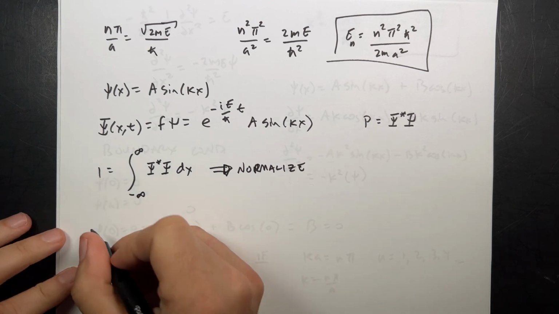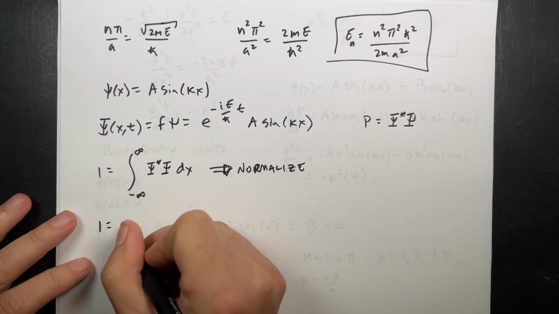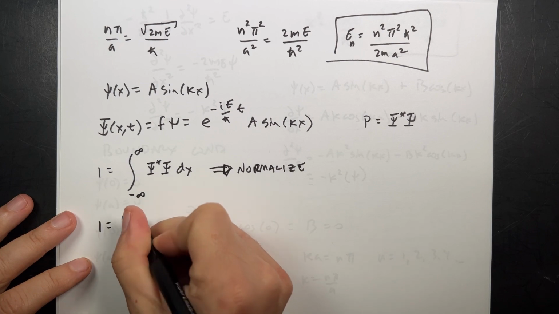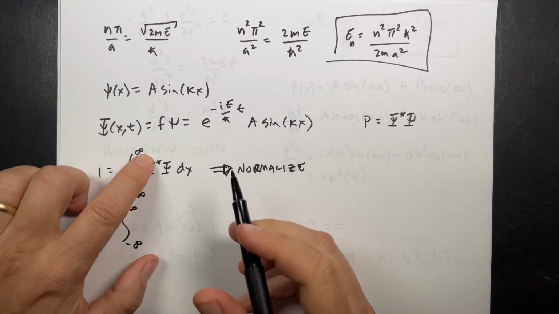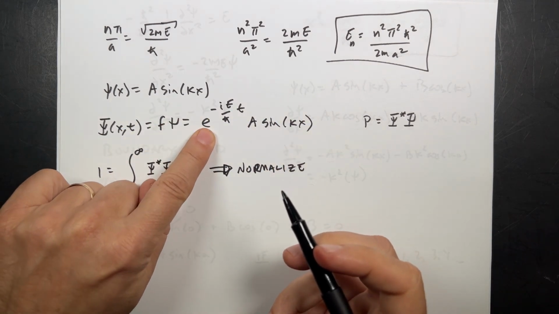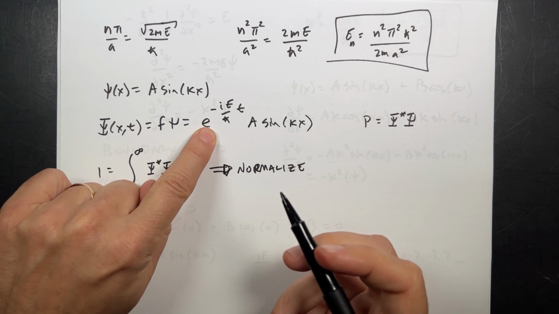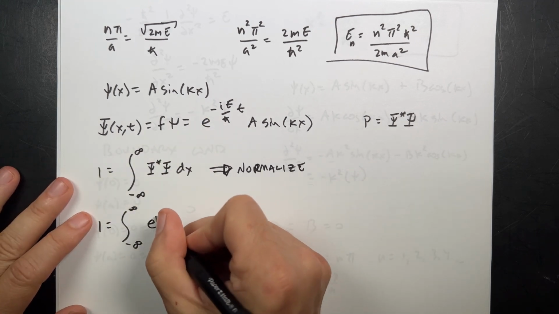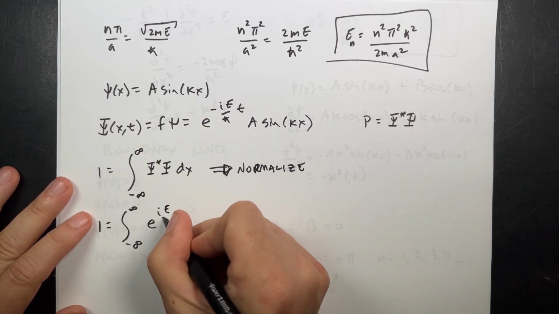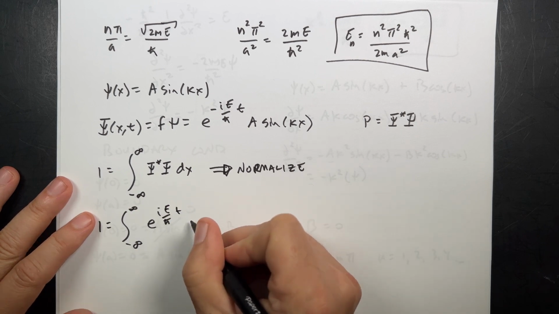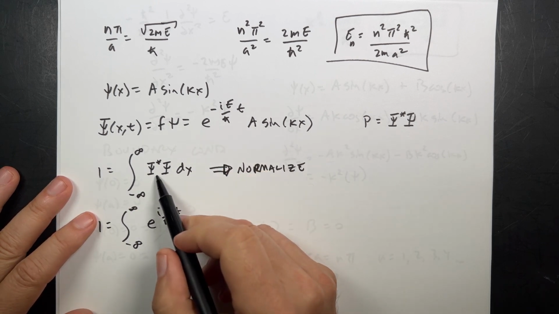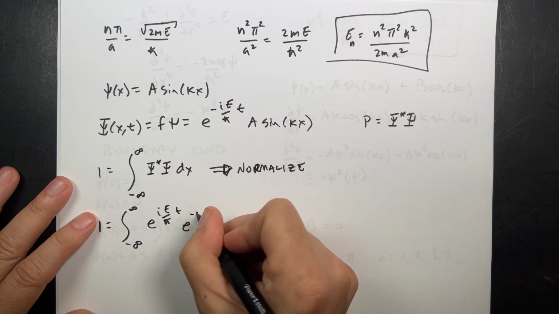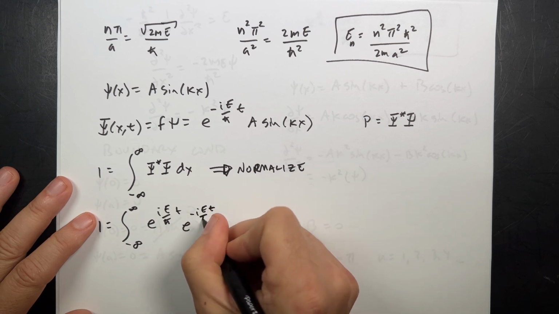If I do that here, I get 1 equals the integral from negative infinity to infinity. Psi star is going to be this function, but I replace the i's with negative i's, so I get e to the i E t over h bar. I'm going to keep those two together with e to the minus i E t over h bar.